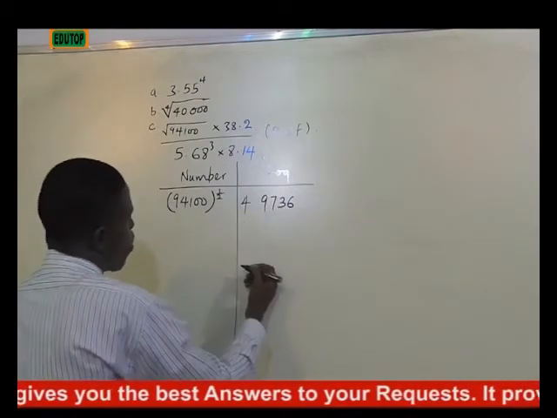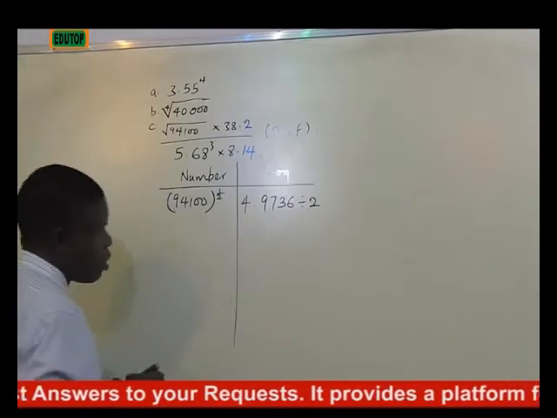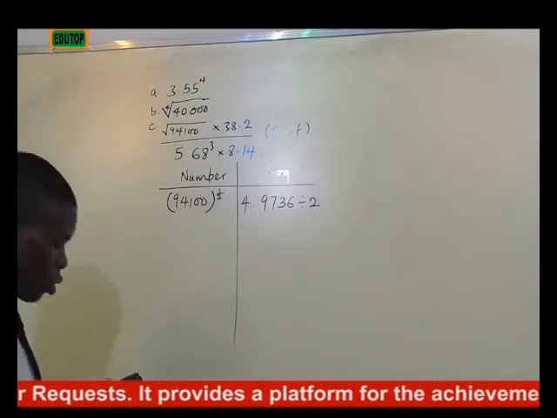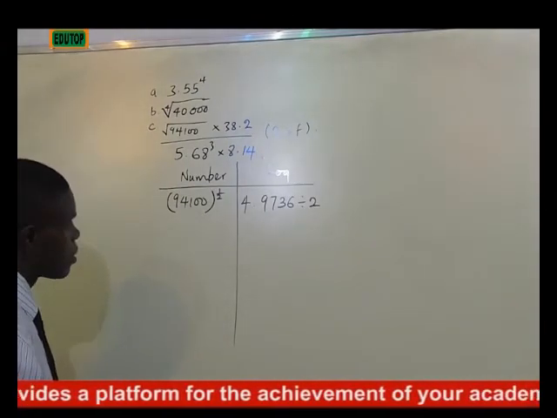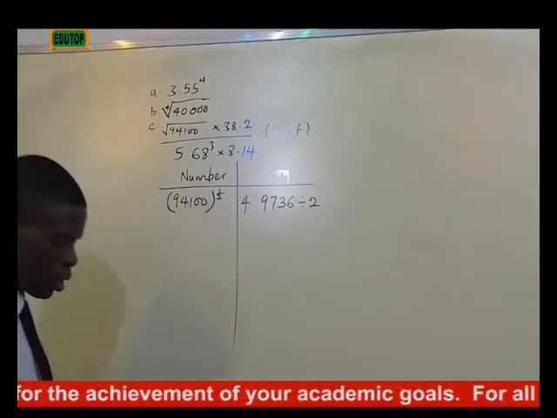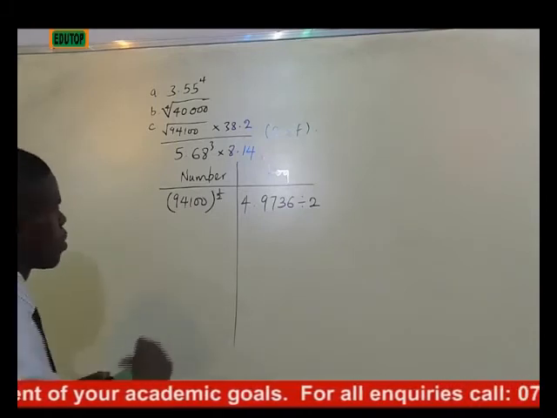Remember, there is 1 over 2 here, so you divide by 2. By the use of electronic device, 4.9736 divided by 2 gives us 2.4868.